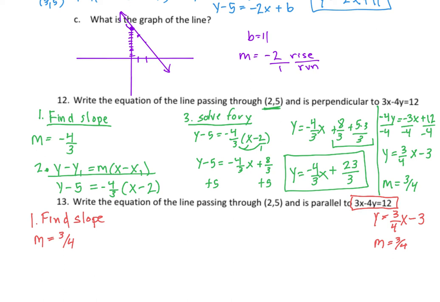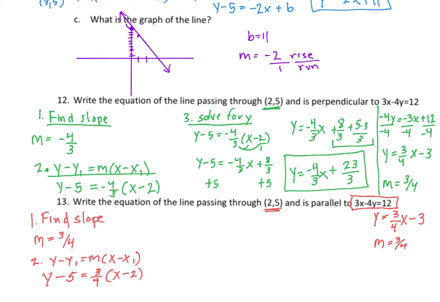Now, we are going to put that information into point slope form. So y minus y1 equals m times x minus x1. We have our slope and our point here. So y minus the y point is equal to our slope, which is 3/4, times x minus the x point.